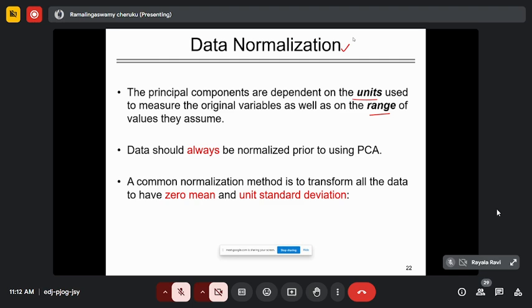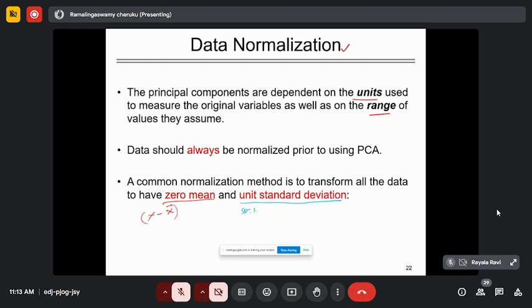A common normalization method is to transform all the data to zero mean. We already know how to transform the data into zero mean data: calculate x bar and subtract it from x. We did x minus x bar in the very beginning. Now, how do we get unit standard deviation data? Meaning if I take the standard deviation of the data, SD, it should be 1.